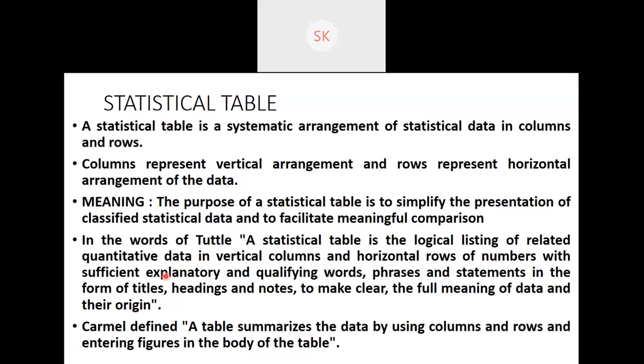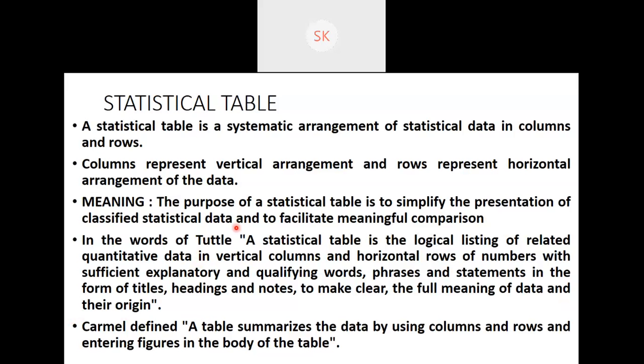In the words of Tuttle, who has given the definition: a statistical table is the logical listing of related quantitative data in the vertical columns and horizontal rows of numbers with sufficient explanatory and qualifying words, phrases and statements in the forms of title, heading and notes to make clear the full meaning of data and their origin.